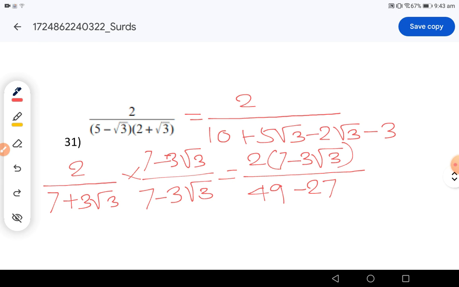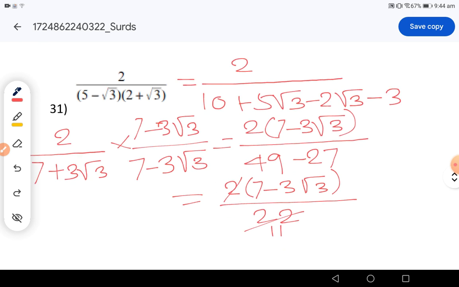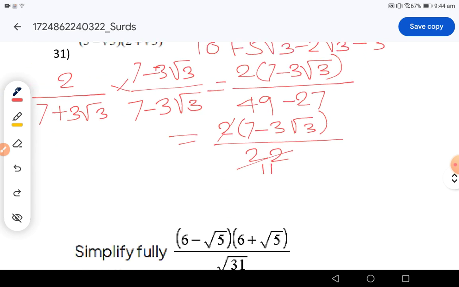So equal to 7 minus 3 root 3 by 49 minus 27, 22. So 2 times 11, 22. So that answer is 7 minus 3 root 3 by 11.